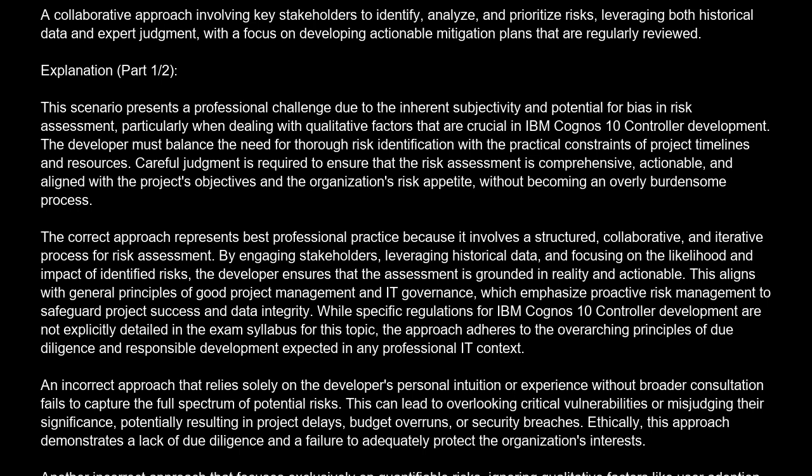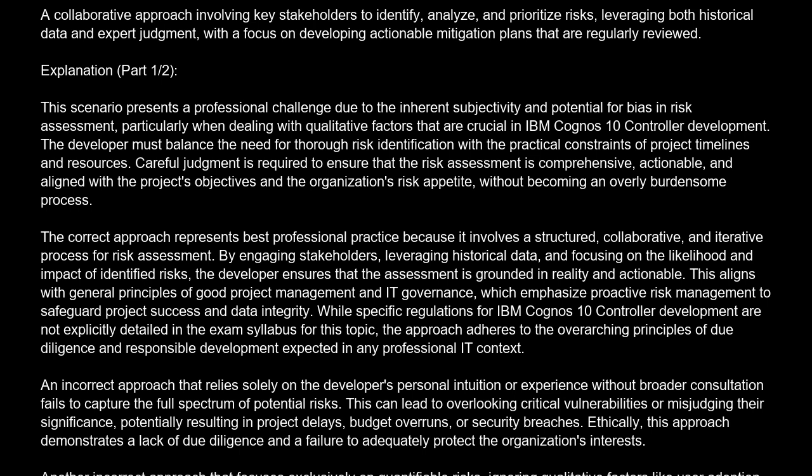The correct approach represents best professional practice because it involves a structured, collaborative, and iterative process for risk assessment. By engaging stakeholders, leveraging historical data, and focusing on the likelihood and impact of identified risks, the developer ensures that the assessment is grounded in reality and actionable.